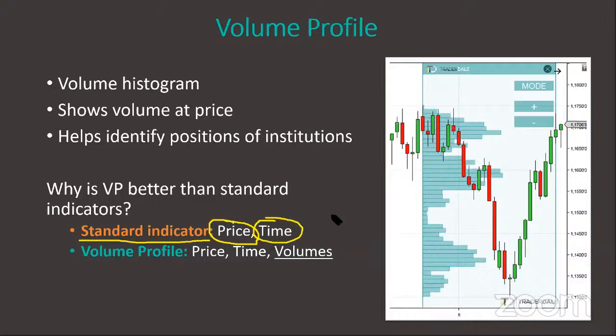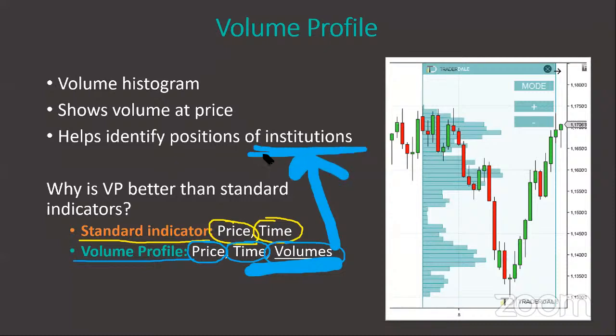I don't really think there's any edge in that, but volume profile has three variables: price, time, and volumes. This is the important thing, because through volumes, we track the big guys. That's our edge. So that's the main difference between the standard indicators the internet is full of, and volume profile.